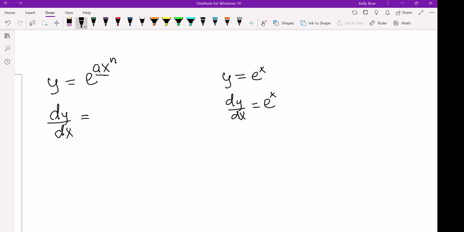But sometimes you're going to have something like e to the 3x squared, so a would represent 3, n would represent 2, and this is the process. It's the original e to the ax to the n times the derivative of the exponent.